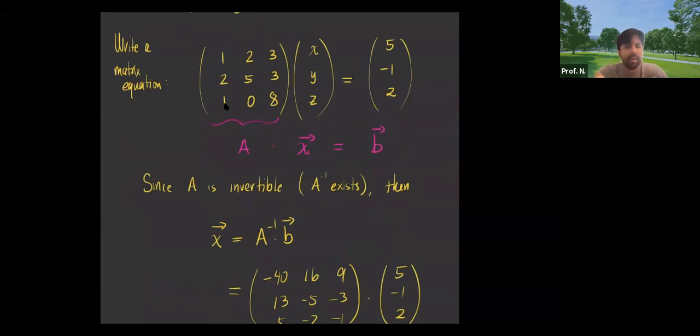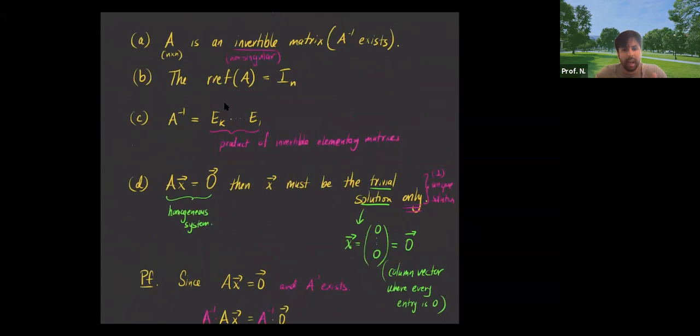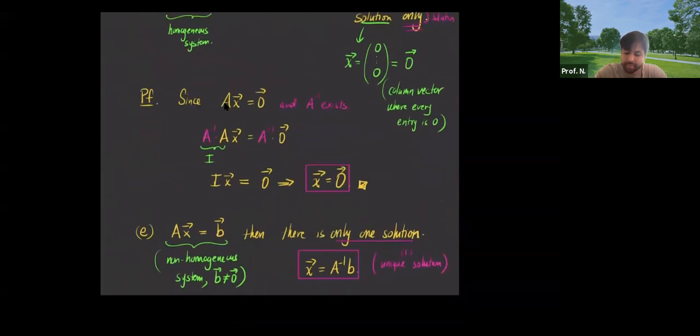If it's not invertible, then we have to be a little bit more careful with actually solving for the solution. And now that we know what invertible matrices are, we have a list of other equivalent statements associated with invertible matrices, aka non-singular matrices.